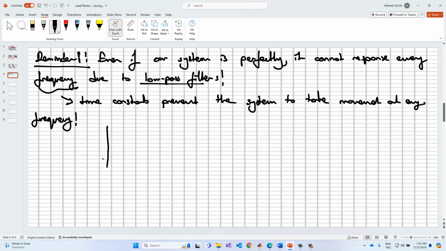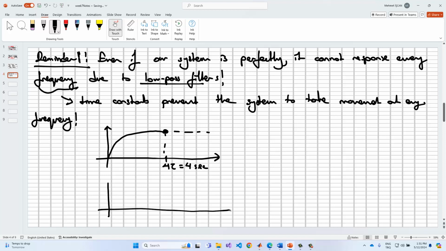This can be explained with these times. For example, we have the time constant tau in here, and so the steady state can be reached in here at 4. For example, this is 4 seconds.